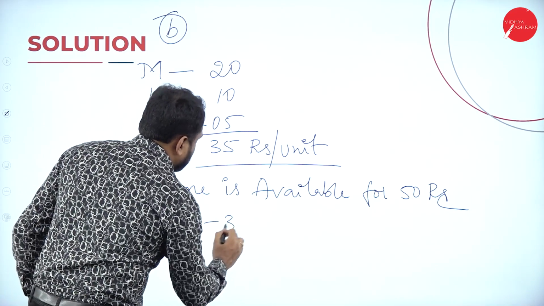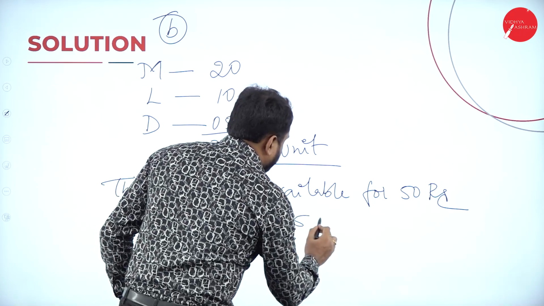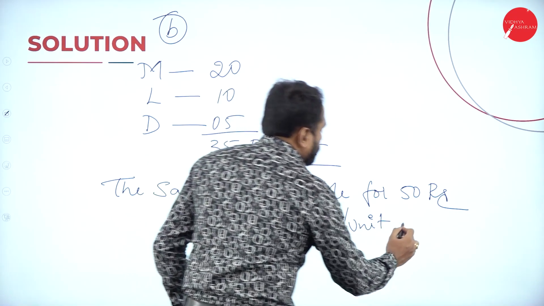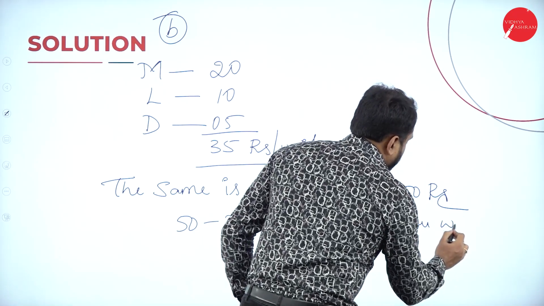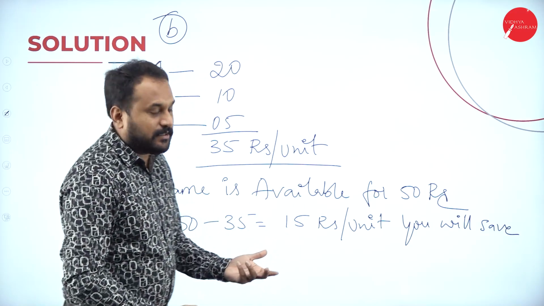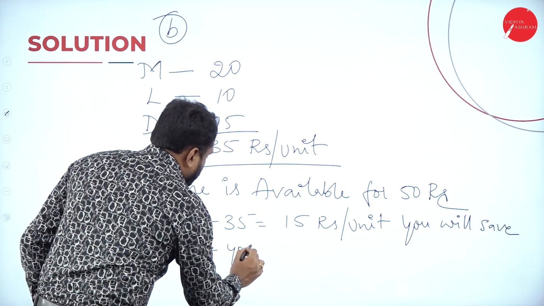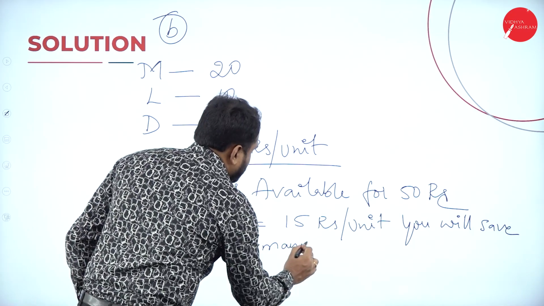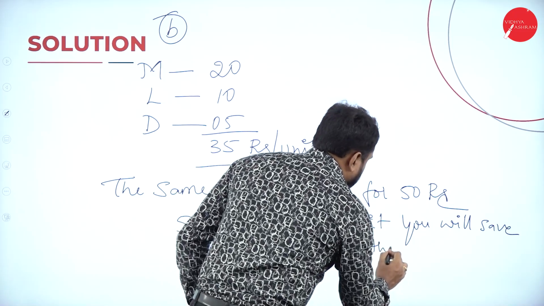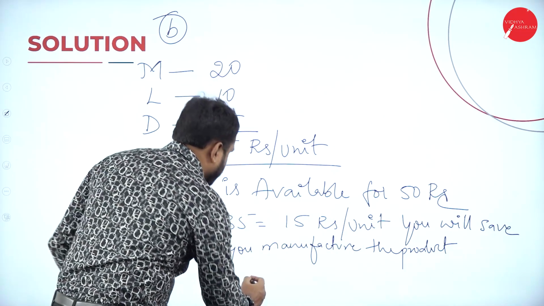So what will you do? 50 minus 35 is equal to how much? 15. 15 rupees per unit. If you manufacture the product, you will save 15 rupees per unit, hence you will make the product.